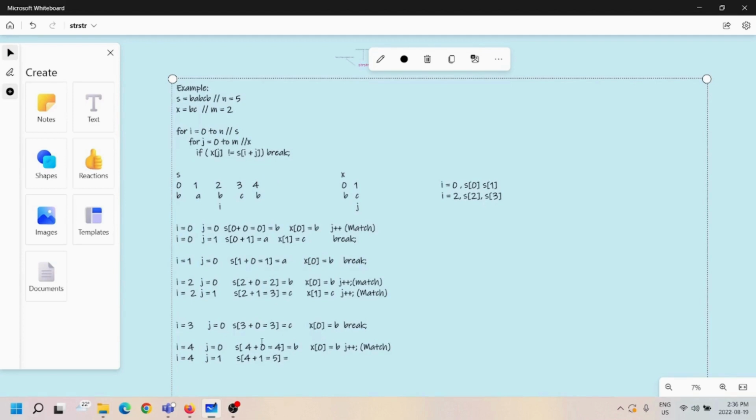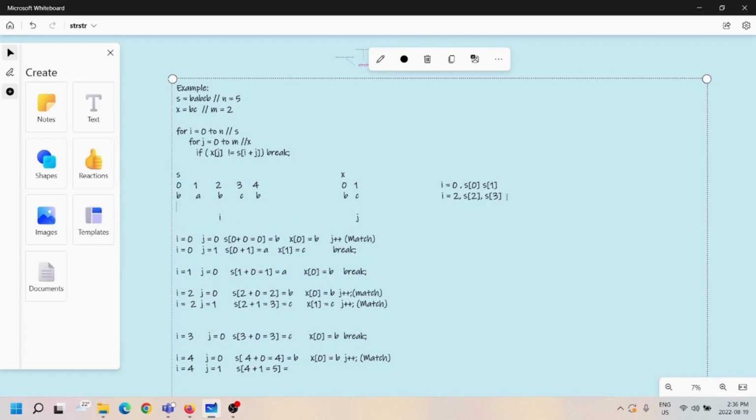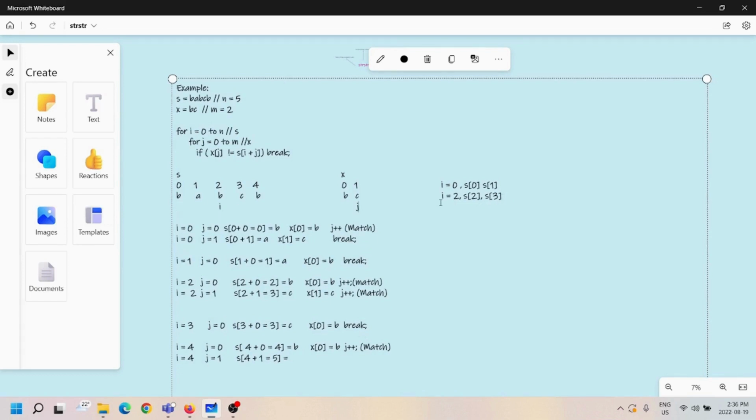This is the problem which I was trying to point out. So when I was 4, J was 0, we were able to find the match, and J got incremented. So in this fashion, for this example particularly, when I became 4, it was able to go till S4, and it was also trying to access S5.